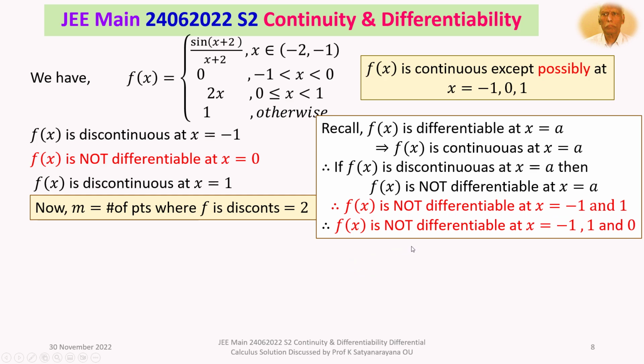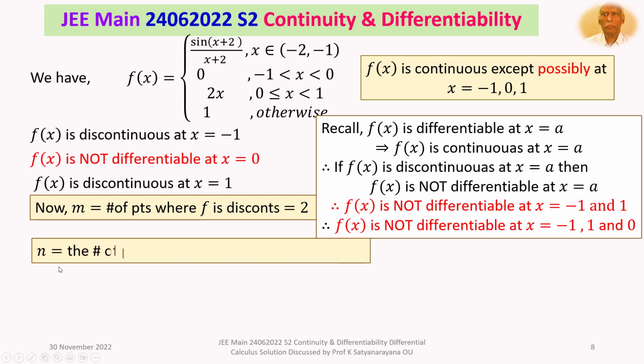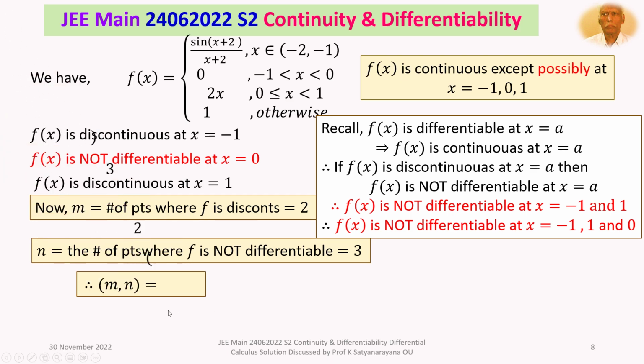Now n, what is n? n is the number of points where f is not differentiable, which is 3. Therefore the pair (m, n) we have to find is m is 2, n is 3, that is (2, 3), the ordered pair.